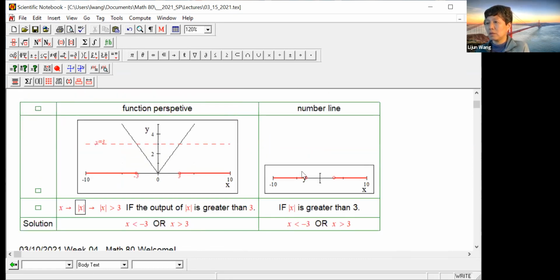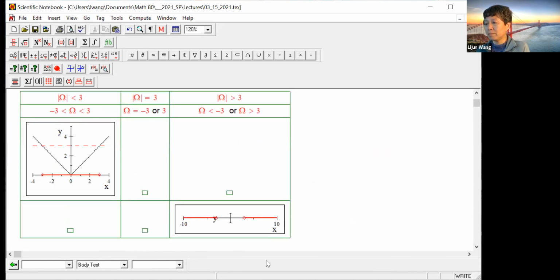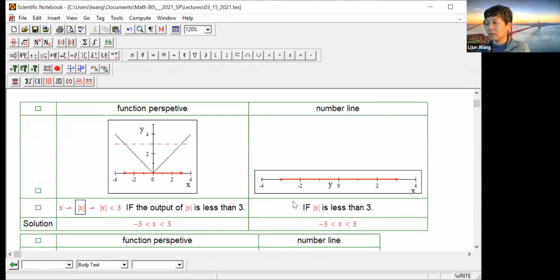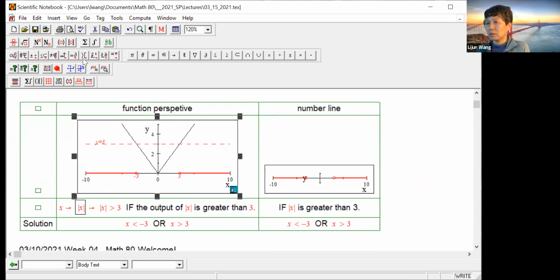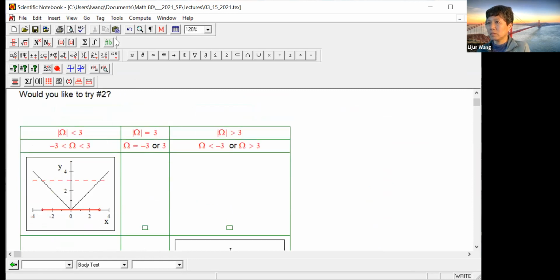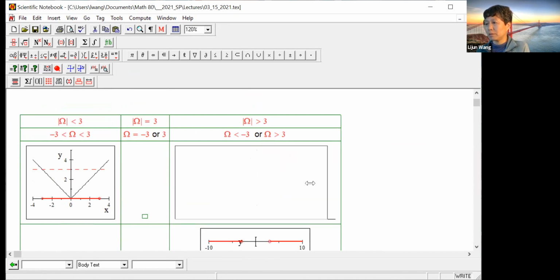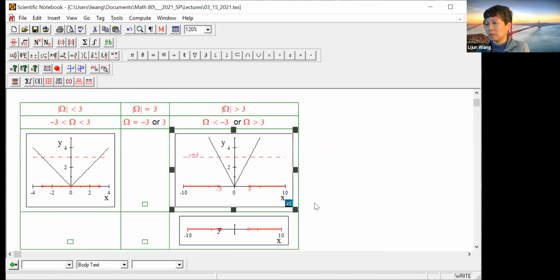So this will be the interval form, and that one over here. So these are the basic forms: less than 3, larger than 3. And what happened to equal to 3?